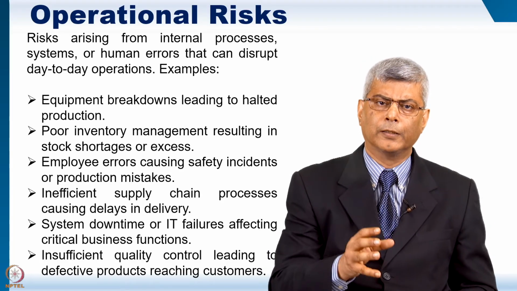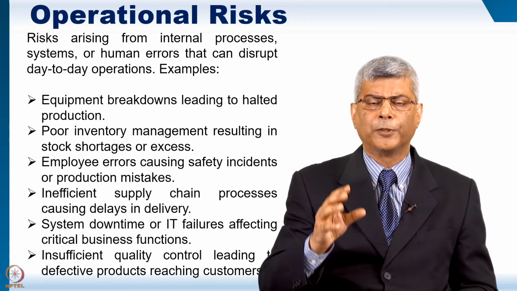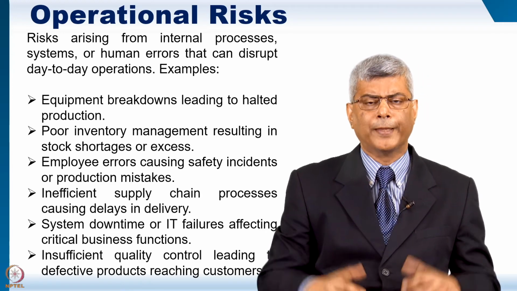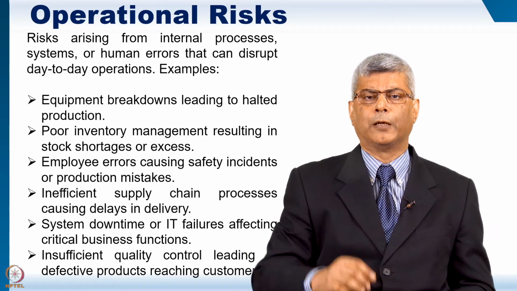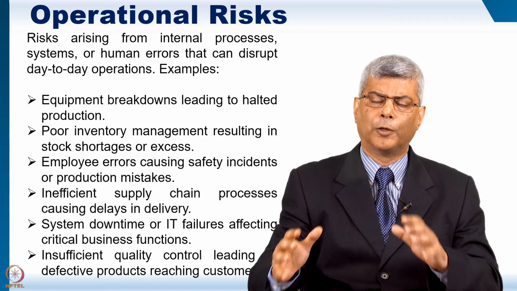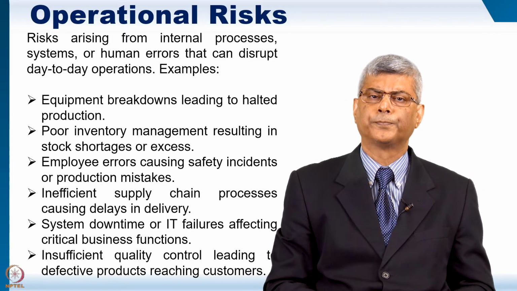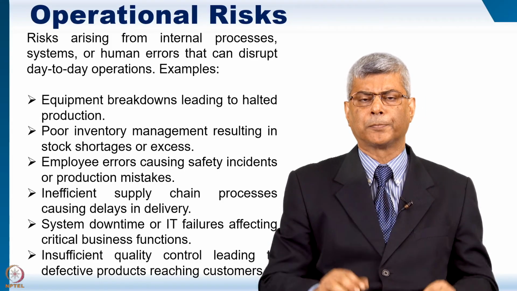Similarly, IT, information technology, computers, management information systems, they may break down. Your server may go down. Your internet link may go down. And then the company operations stop. That's a risk. Or you may have poor quality control. You're making a lot of biscuits, millions of packets of biscuits.